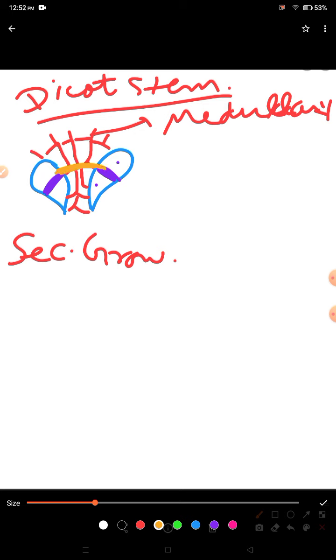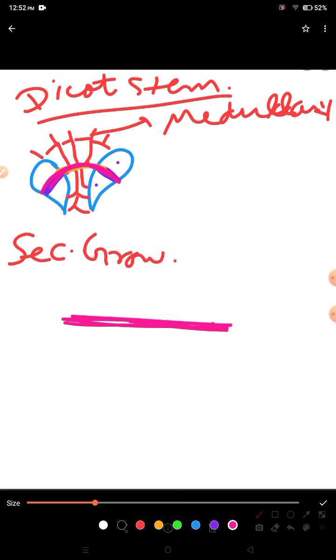They regain the power to divide, become meristematic, and become the part of the cambium ring. At the time of secondary growth, this cambium ring starts dividing.